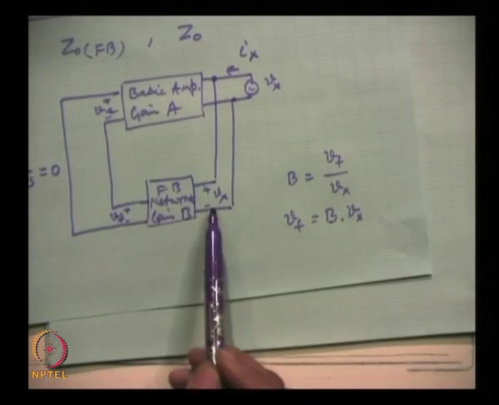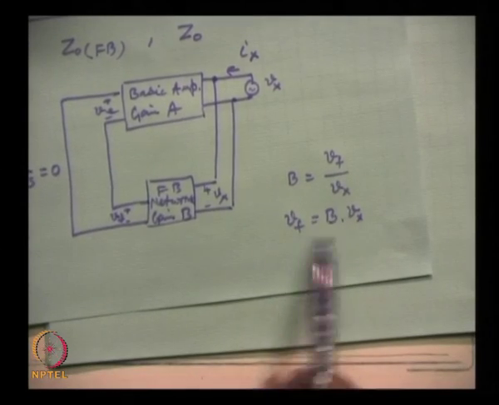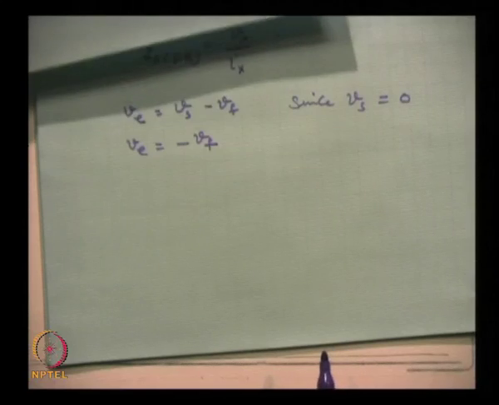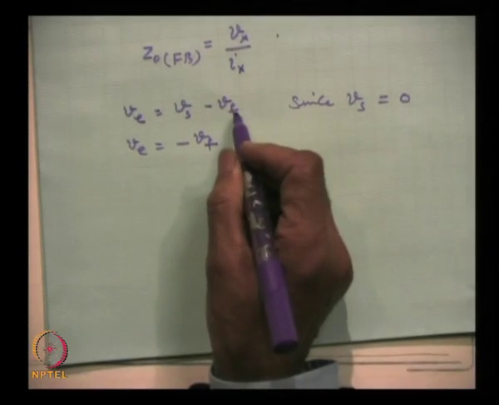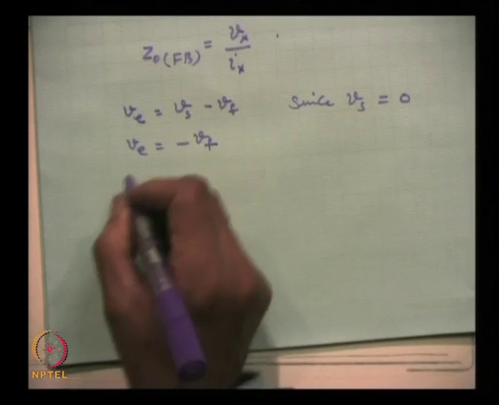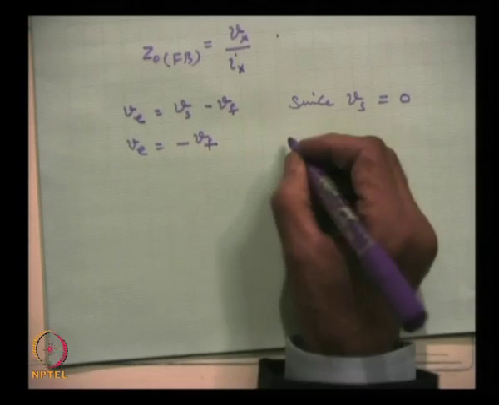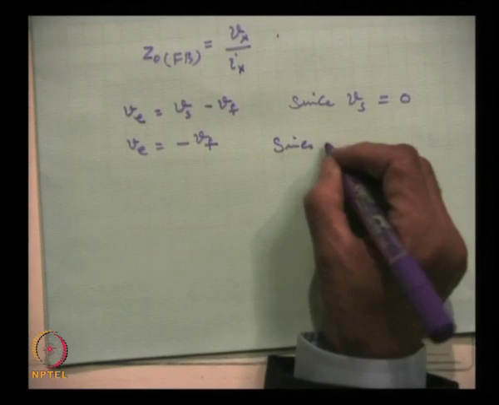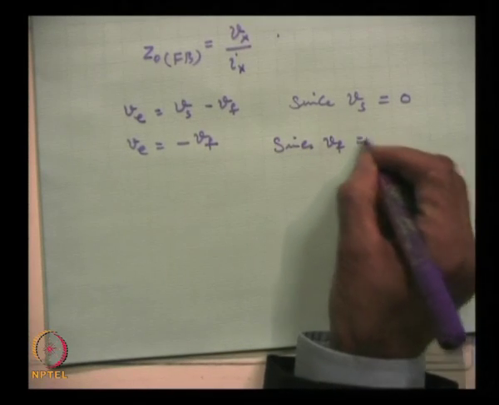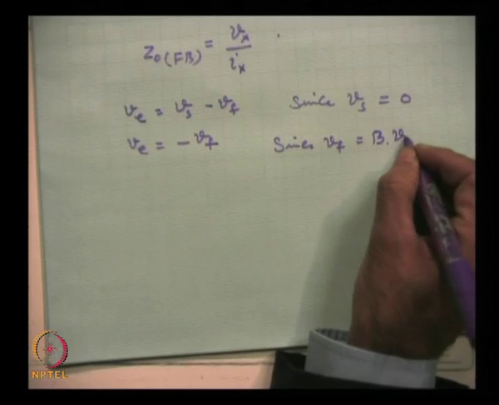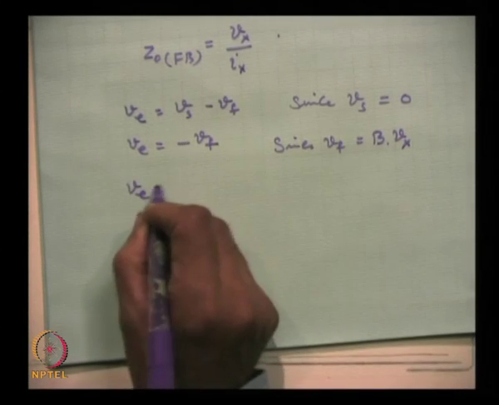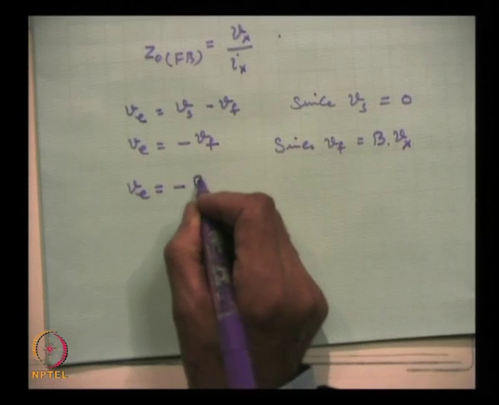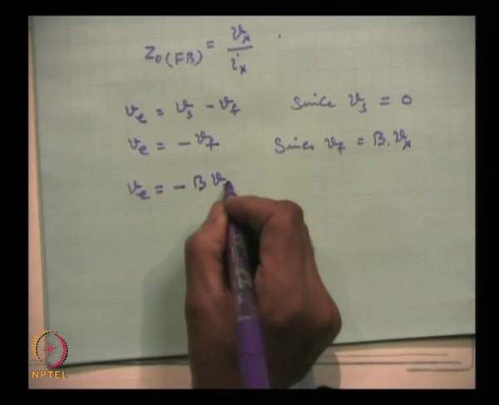Output to input, this is the ratio, which gives V f equal to B V x, and that V f we substitute here. So, since V f is equal to B into V x, our error voltage becomes minus B V x.